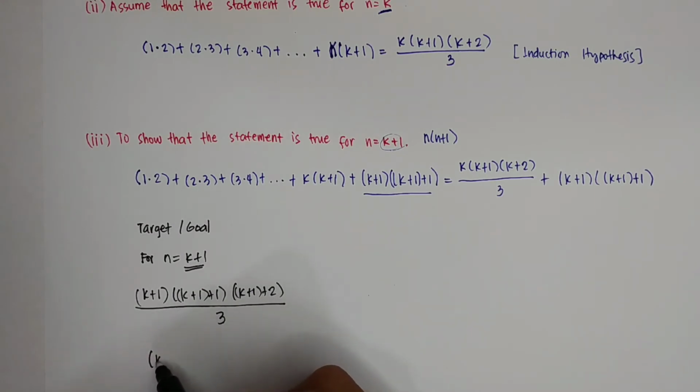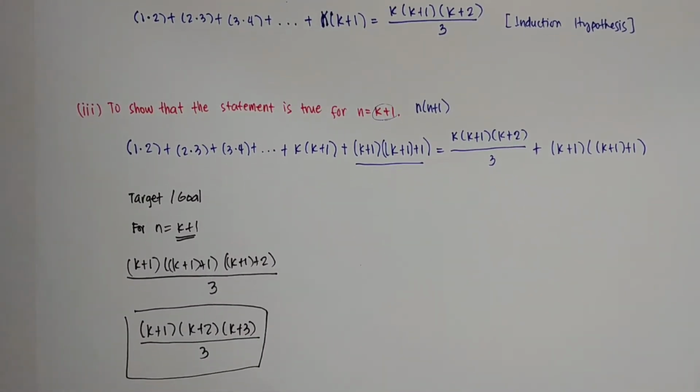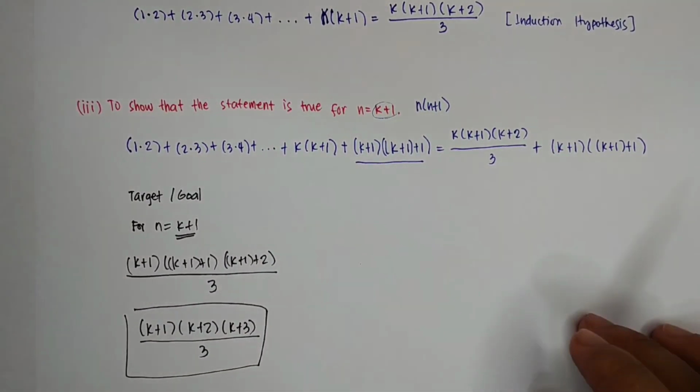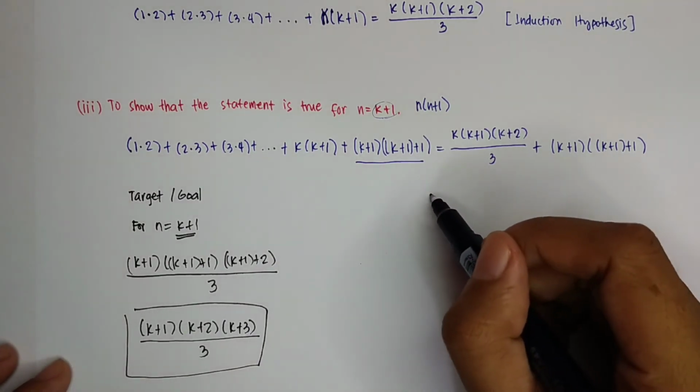So this is equal to k plus 1 times k plus 2 times k plus 3 all over 3. So ito yung target natin. So dapat ganyan din yung sagot natin dito sa triple I natin. Okay? So now, ginagamit siya para mag-guide tayo. So that's one of the reasons kaya madali siya if meron tayong maset na goal or target.